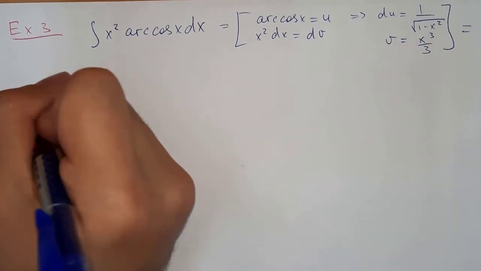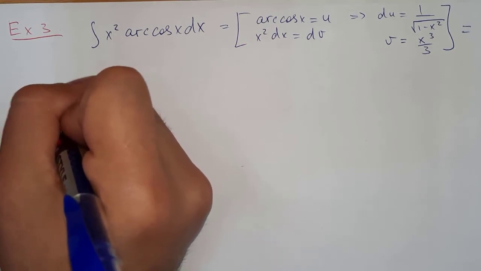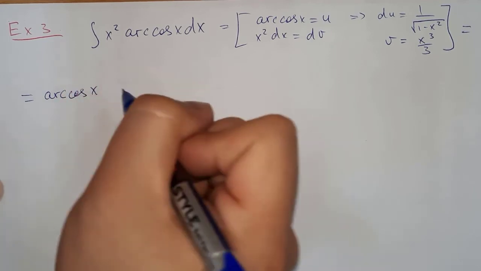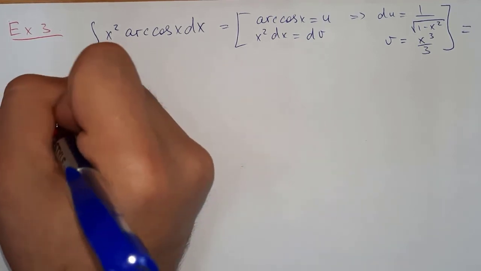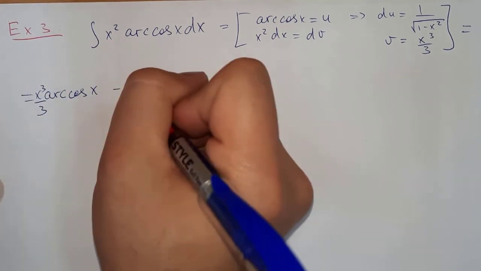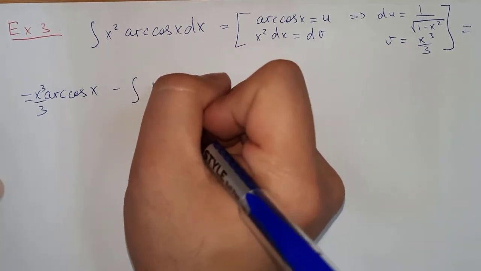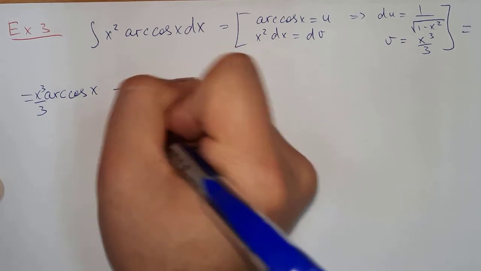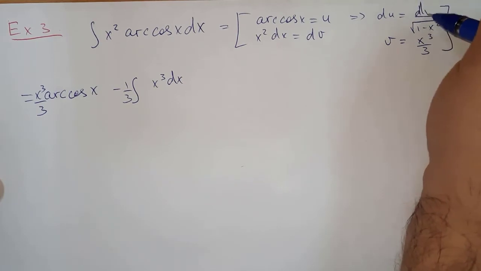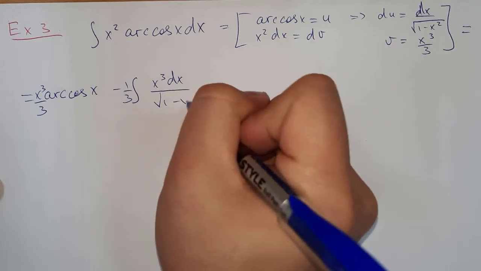And now let's continue. Let's use the formula: uv is arc cosine x times v, which is x cubed over 3, minus the integral of v du. So v is x cubed over 3, so 1 over 3 x cubed dx, and du is dx over the square root of 1 minus x squared.